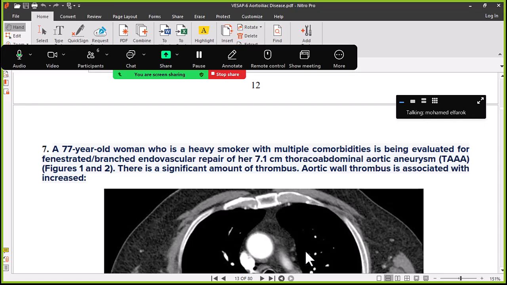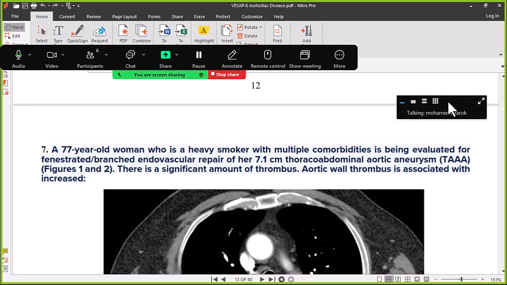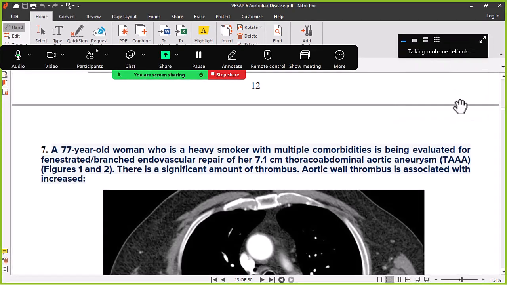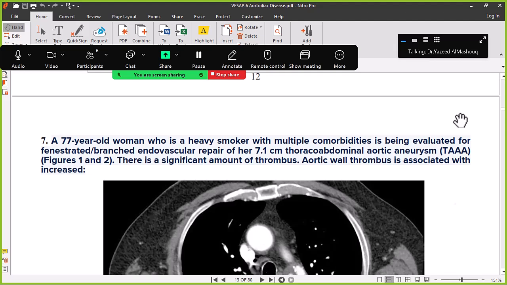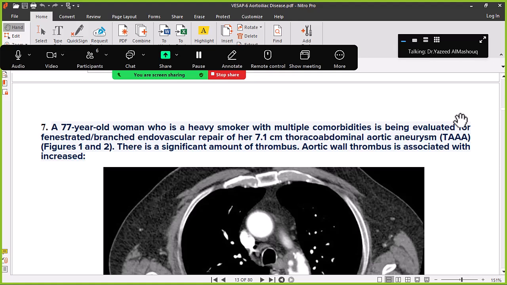So, any volunteer? This is question number 7. I will read it. This is a 77 years old woman, a heavy smoker with multiple comorbidities, being evaluated for fenestrated branch endovascular repair for a 7.1 centimeter thoracoabdominal aortic aneurysm.